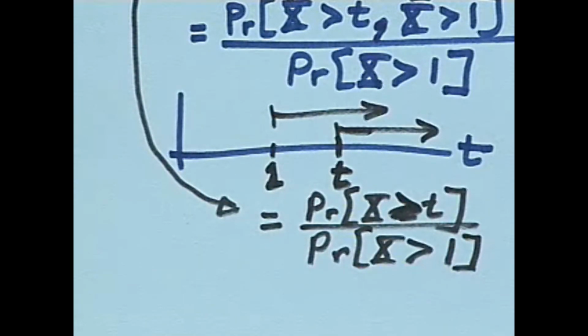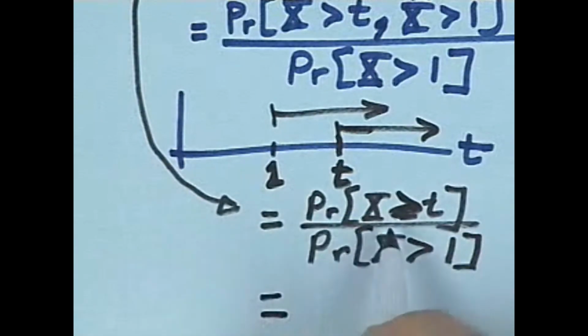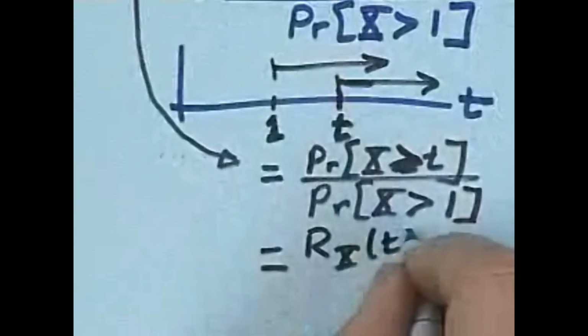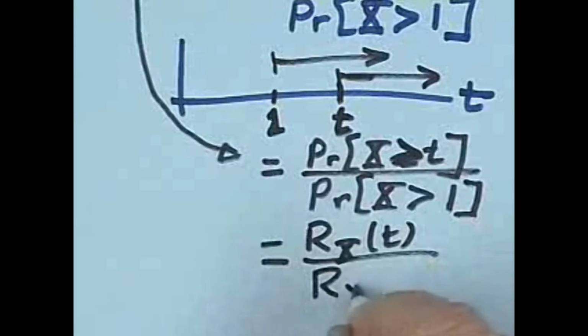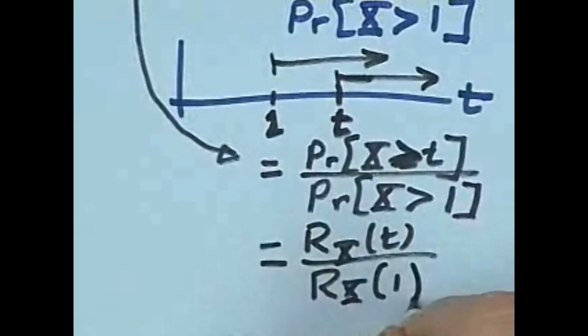This, by the way, is true no matter what reliability model that you use. We haven't imposed anywhere the equations that we have yet. But now we can impose the equations. This is the reliability of the random variable x at time t divided by the reliability of the random variable at time 1.